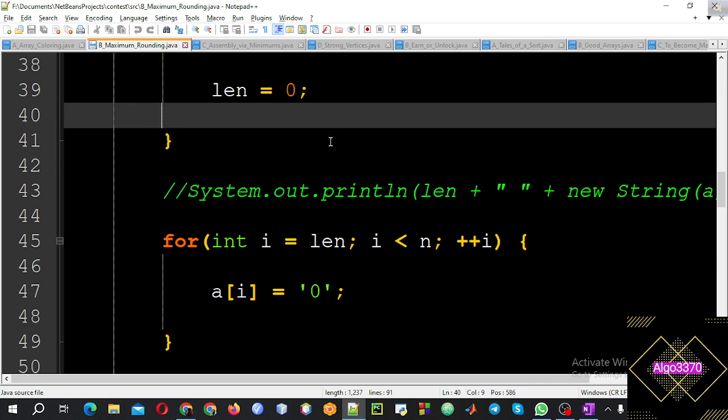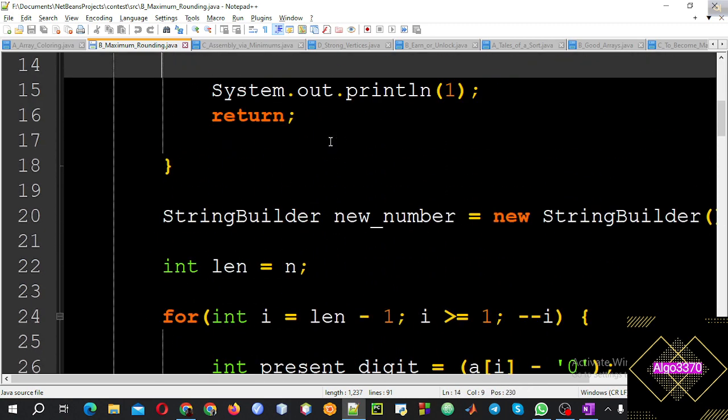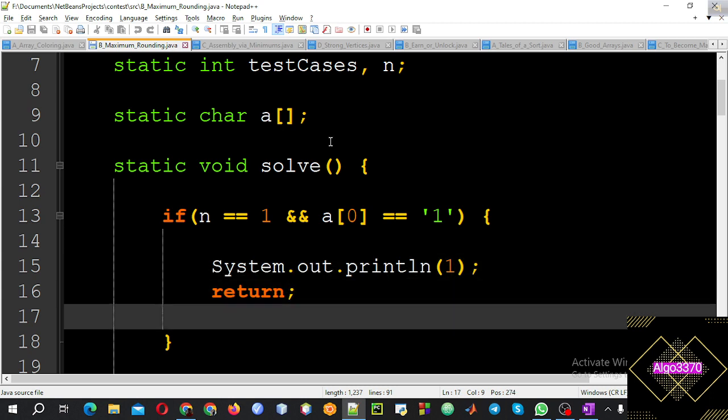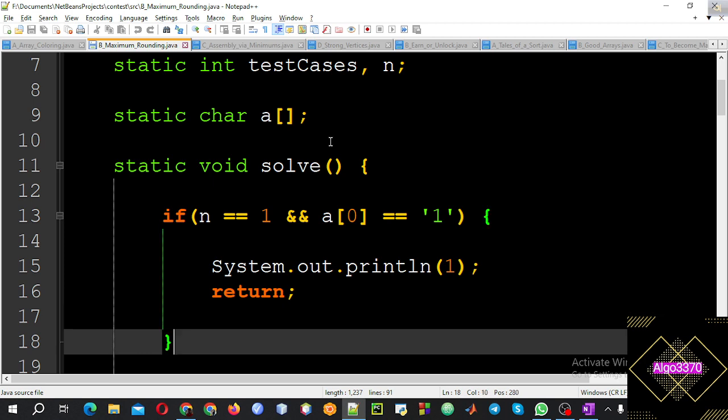This is our implementation of this problem. At first, we will check whether this is the base case or not. If we don't want to keep this calculation, then we can skip it.